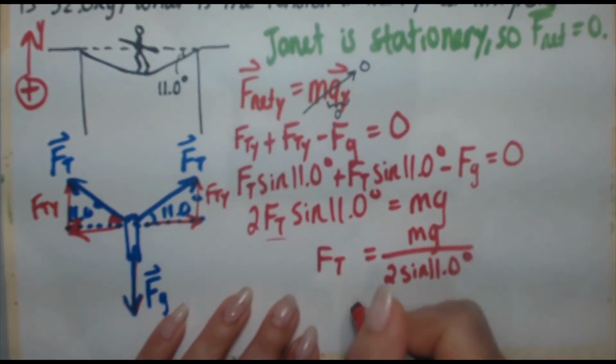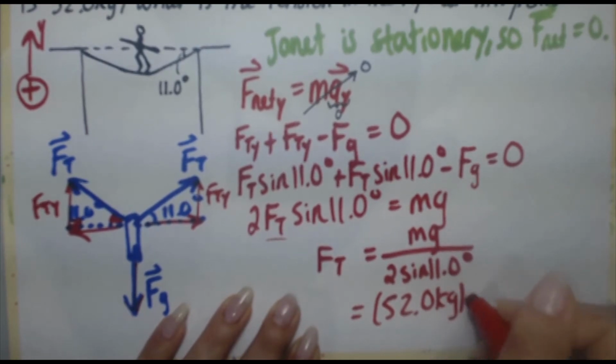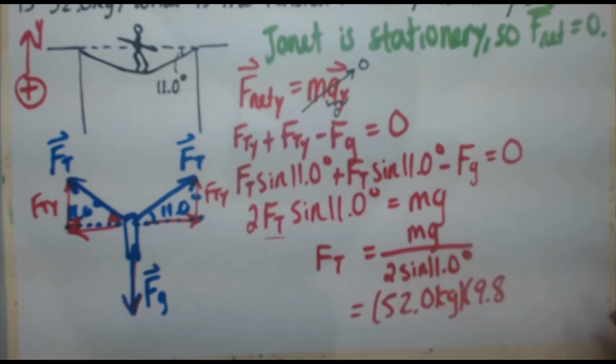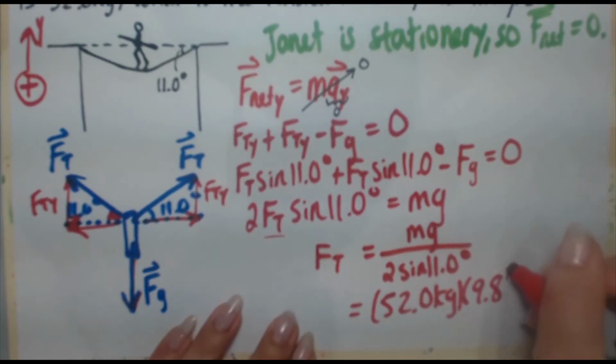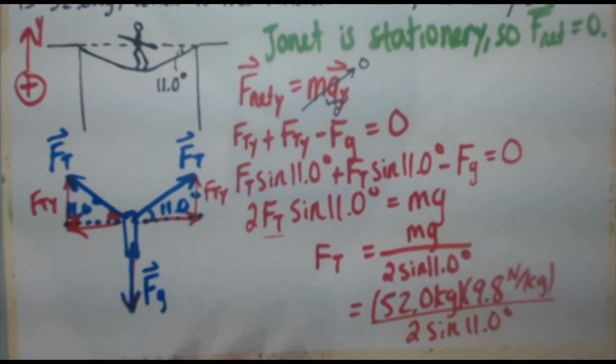Let's plug in our values. M is 52.0 kilograms. g is 9.8. Remember, the units for g can be expressed in meters per second squared and newtons per kilogram. In this case, I'm going to use newtons per kilogram because it's going to cancel nicely with this. And 2 sine 11, I'll just enter that in my calculator. Make sure your calculator is in degrees when you do that.